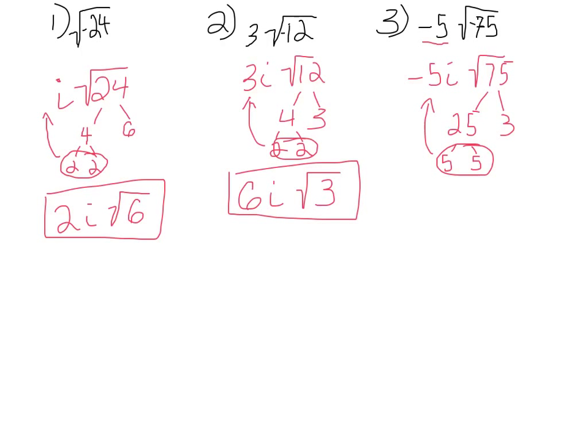So after taking out the i, we try and simplify the radical 75, and we can see we can take out another 5, and that should combine with the negative 5i on the outside through multiplication. So finally, your answer will be negative 25i root 3.